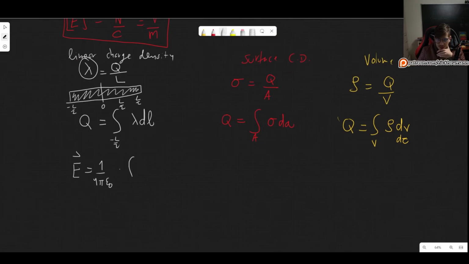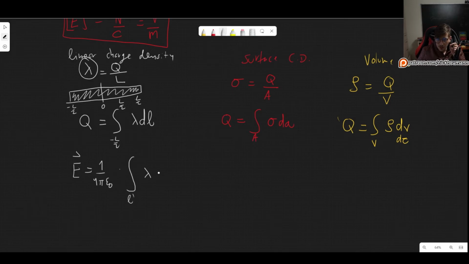We have to integrate over whatever it is that we have. I'm just going to leave it as an indefinite integral; of course, you're going to have to put the limits in later. Maybe I'm just going to say that this is going to be over our L, so perhaps use L prime or something. Just use the notation that you want. And then we have lambda.